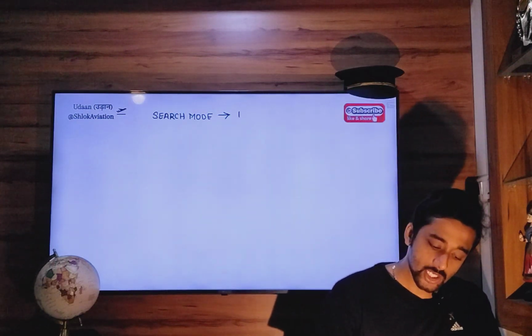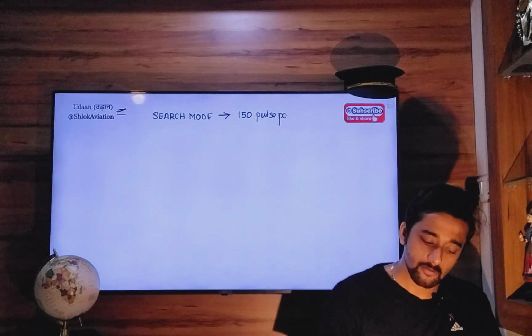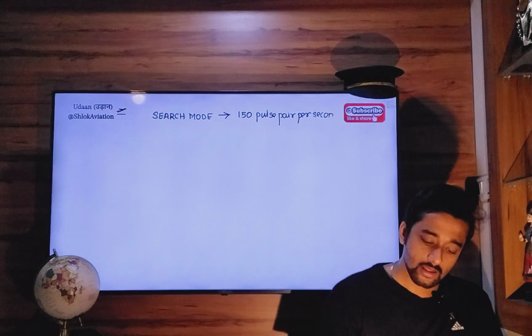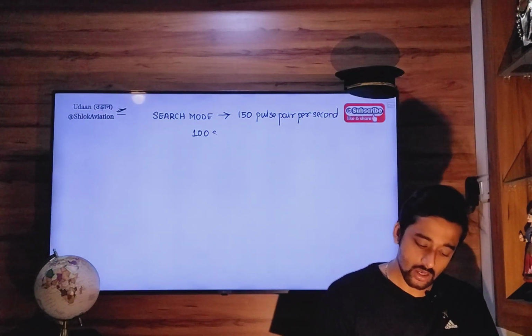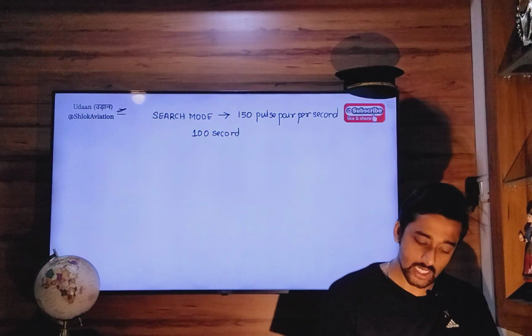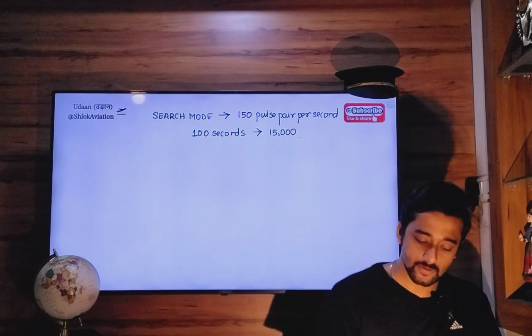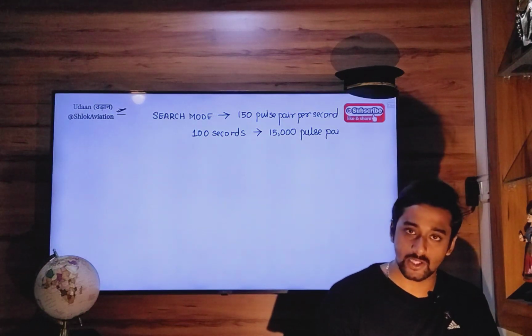In this search mode, it will transmit 150 pulse pairs per second. This search mode will last for 100 seconds, and in this 100 seconds it will have transmitted 15,000 pulse pairs. 150 into 100 is 15,000 pulse pairs.